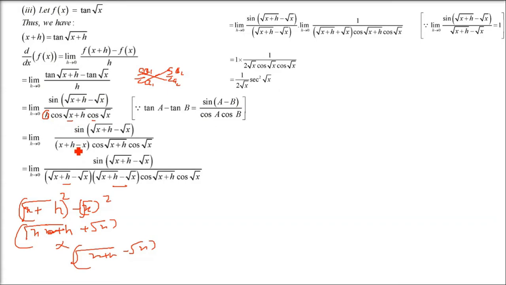Now this has come. We started with h. Now what is this? Sin theta by theta. This is theta. And sin theta by theta, if we apply the limit, what do you get? It's going to be 1. So this is going to be 1, of course.